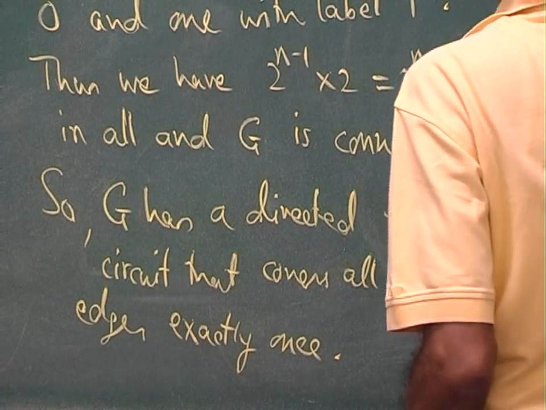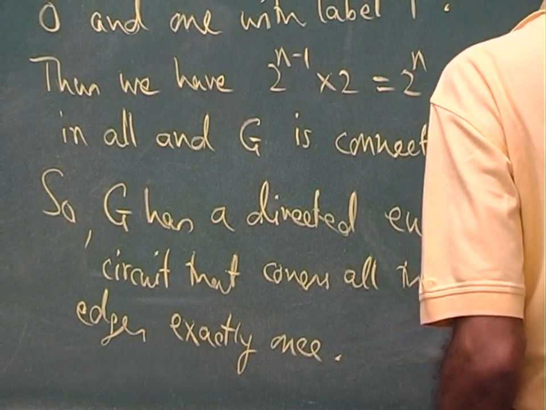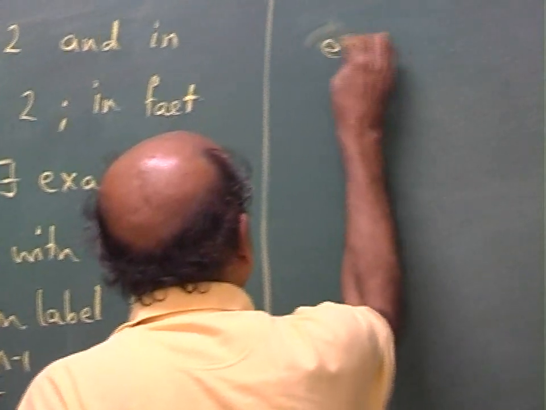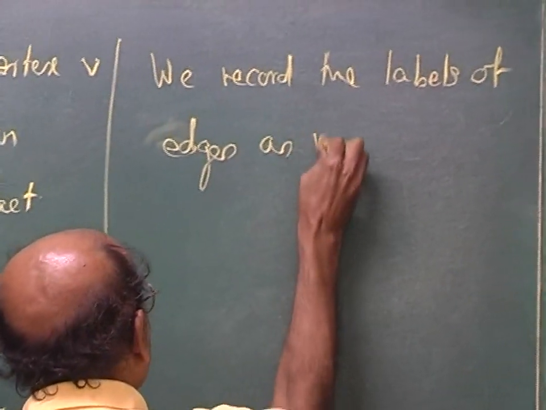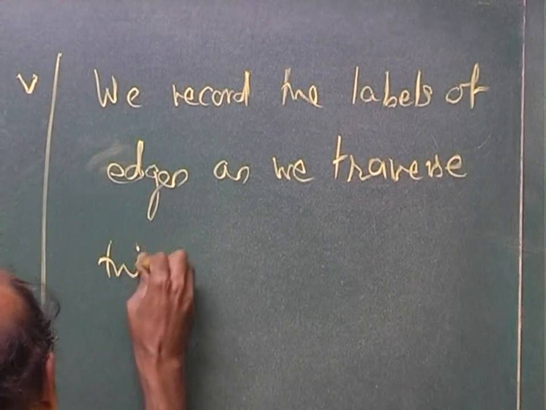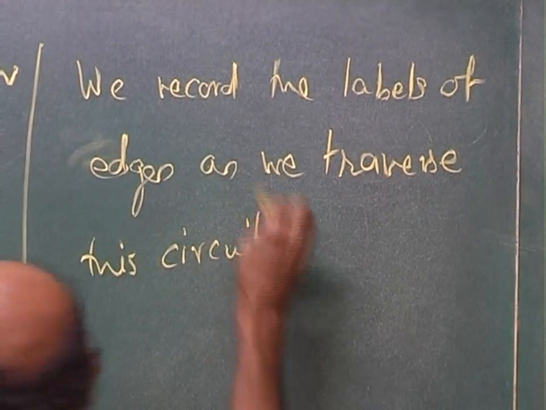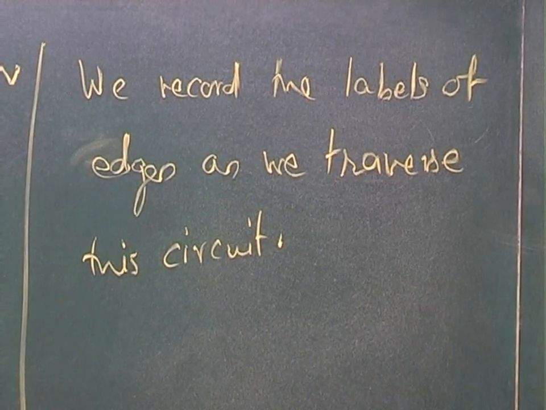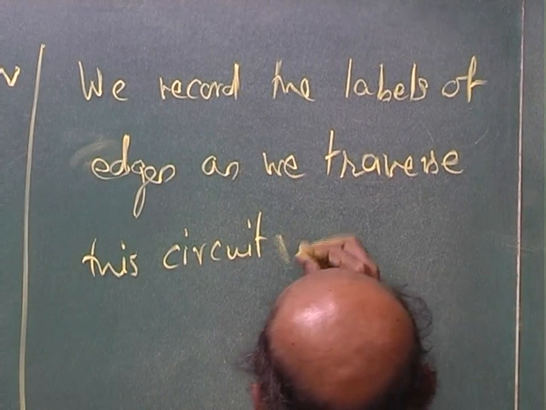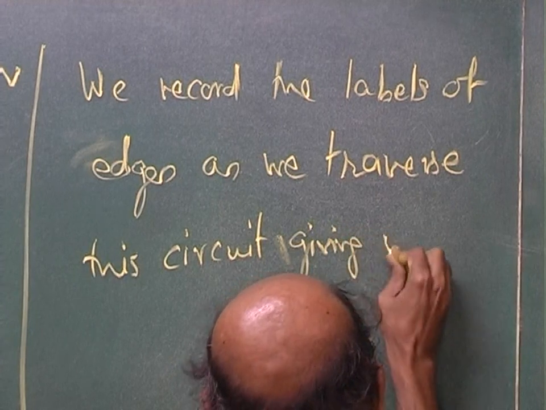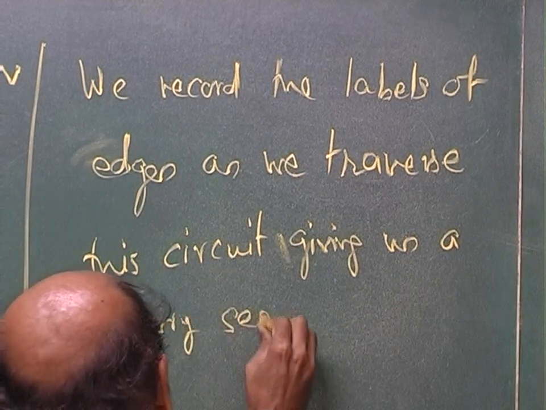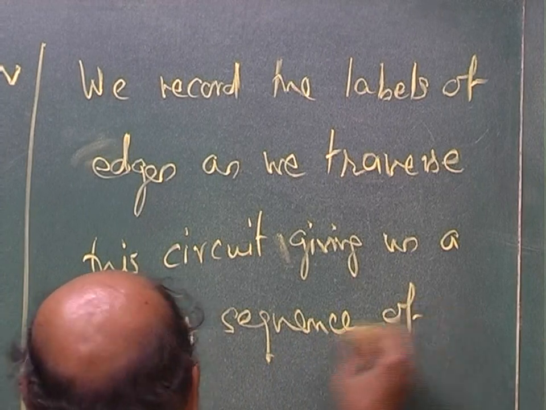We record the labels of edges as we traverse this circuit, giving us a binary sequence of length 2 power n.